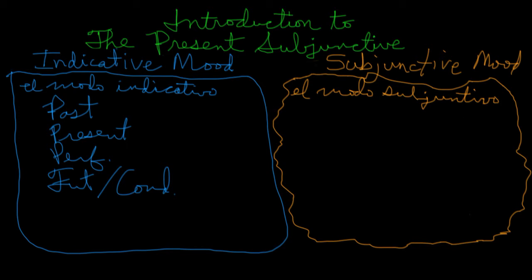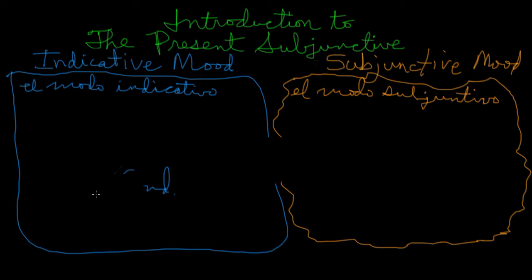All right, what we're going to do now is take a look at what kind of sentences involve the subjunctive. Actually, it's a two-part sentence. It has two clauses separated by the word que. And the first clause is the sentence here, which has its own subject and its own verb.